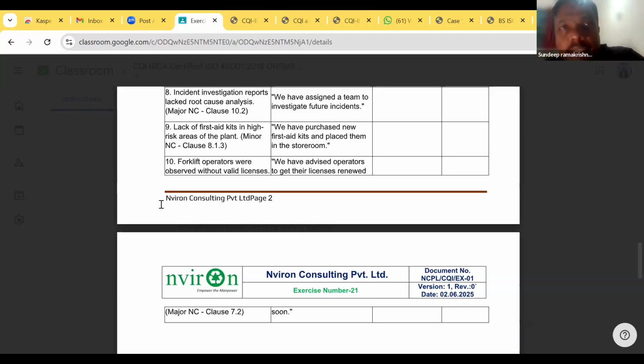So say existing records, what is the correction you expect, and what is it that the standard is telling that the auditee organization is not complying to? And you have given this as major NC under 10.2. So simply the auditee saying we have assigned a team to investigate future incidents is not going to close the issue.